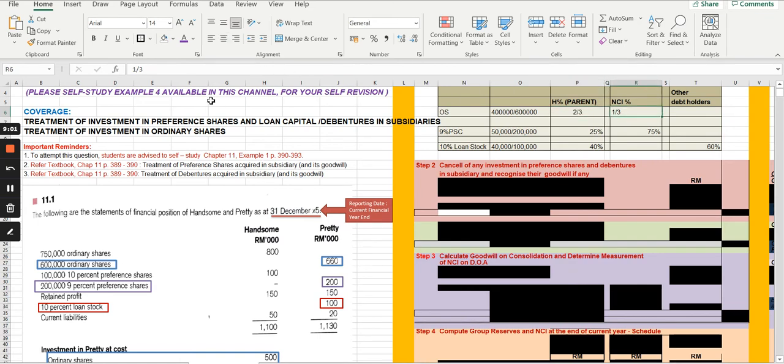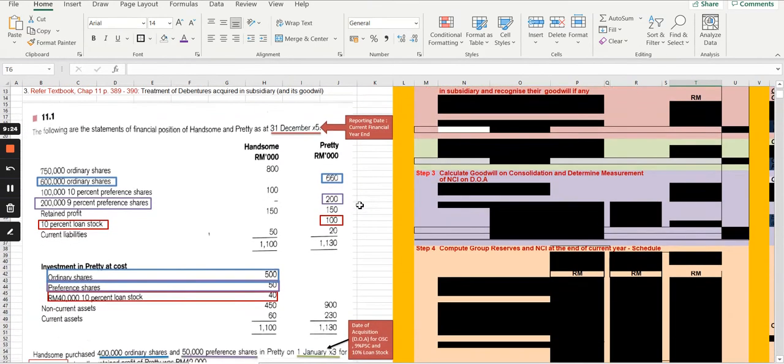And therefore, because you have more than half, that is considered as a control. So meaning that the NCI has a proportion of 1/3. And nothing belongs to the debenture holder, because for share capital, they are the shareholders, right? So I'm just putting one more extra column there.